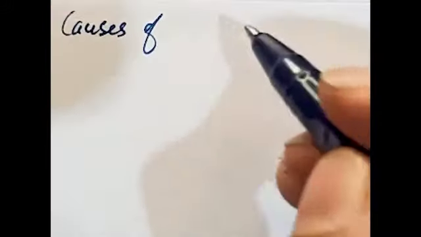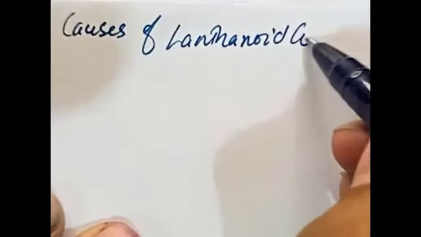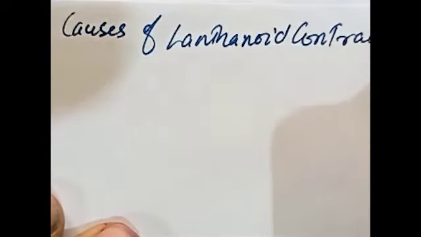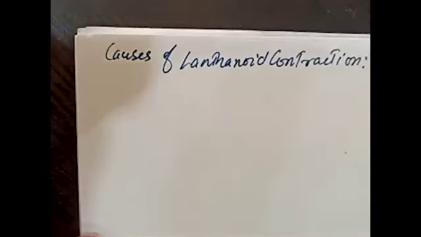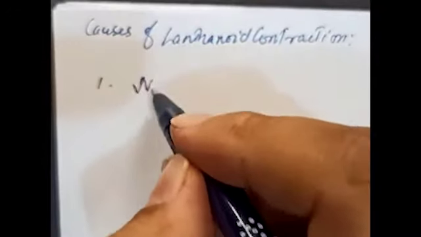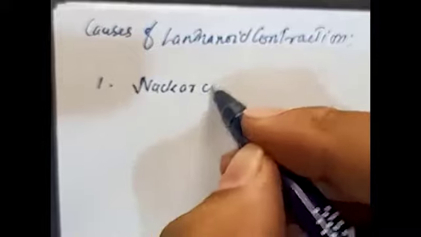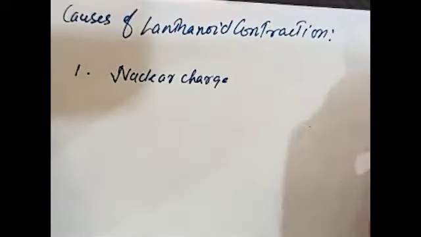Causes of lanthanoid contraction. Number one is nuclear charge. From left to right, it gradually increases, right?